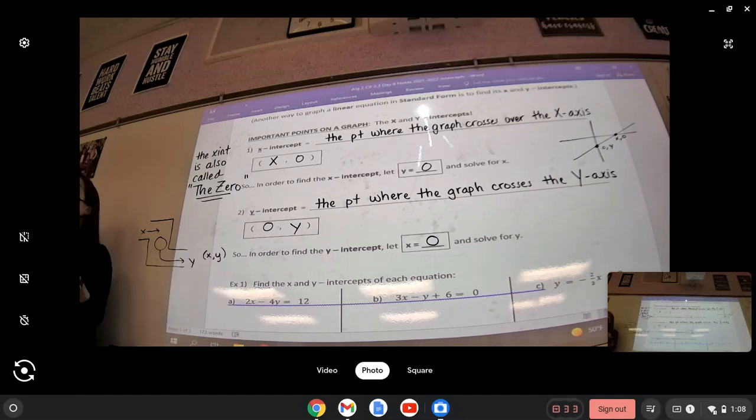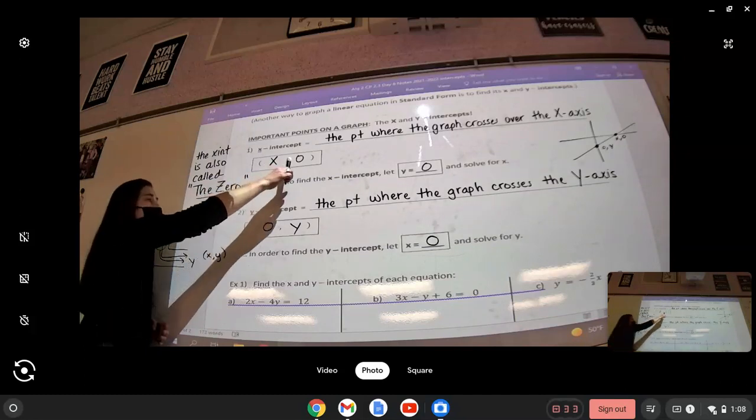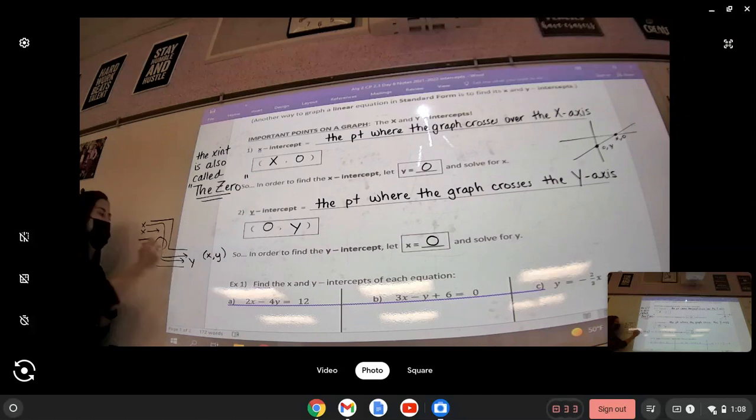Okay. Well, if you think about how an x-intercept is, it means an x value has to go in, something has to happen to it, but who has to come out as the y coordinate? Who has to be an x-intercept's y coordinate? 0. So you literally have to have an x value that makes a 0 come out. And that's how we got the name the 0.